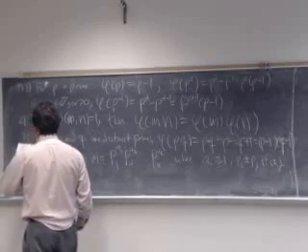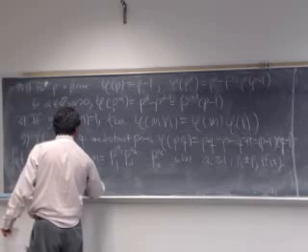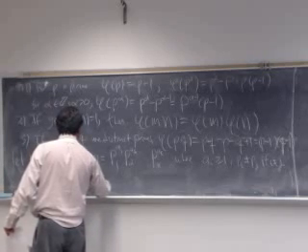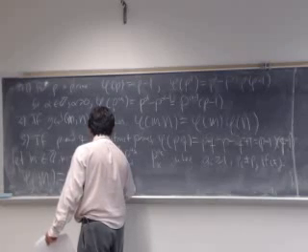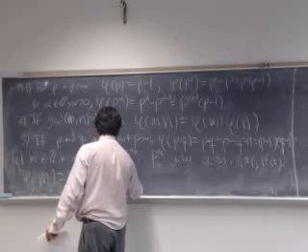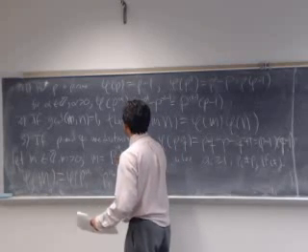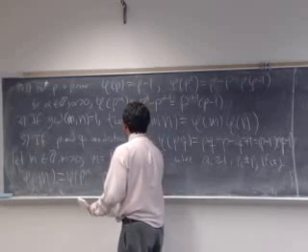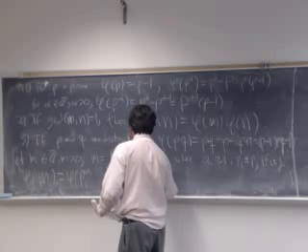So phi of M is just phi of this product. But each of these is relatively prime to the others, so we can multiply out.